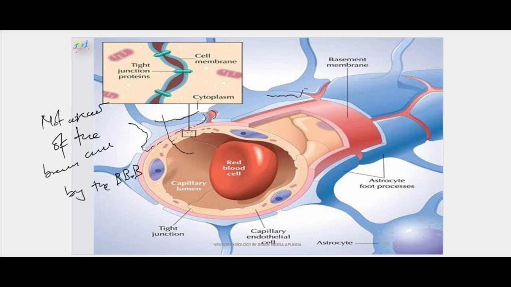So I'll be interested if you find some of the specific areas of the brain that have these exemptions, so that we discuss them in our next session.